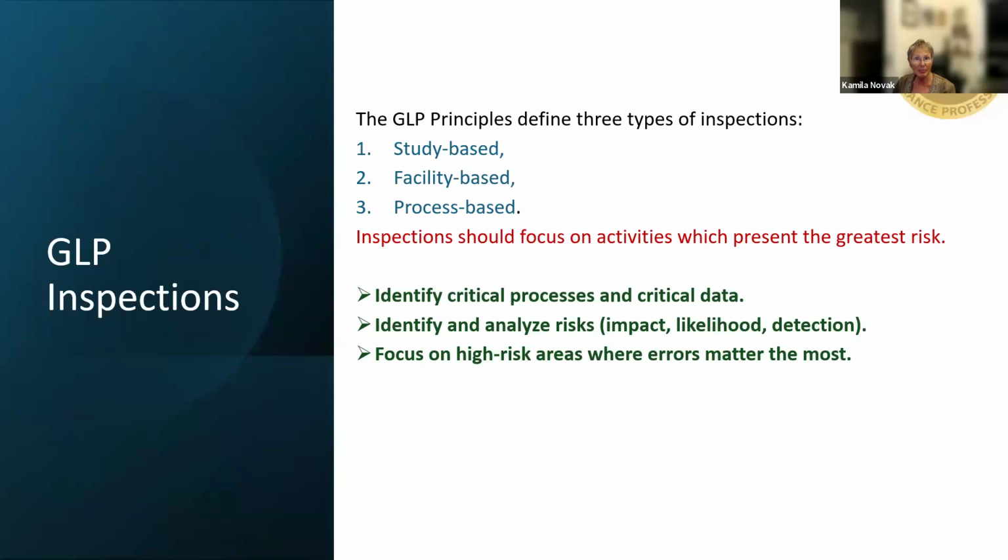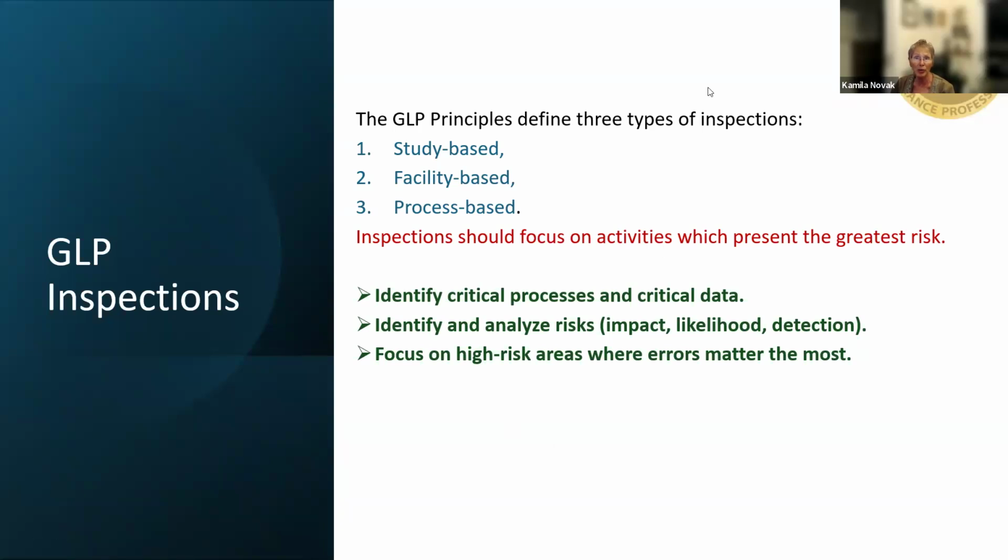So GLP principles define 3 types of inspections. We already covered that, but it's good to remind ourselves: study-based, facility-based, and process-based. It's quite clear what it means: focusing on a particular GLP study, at a time on the facility itself, and finally process.